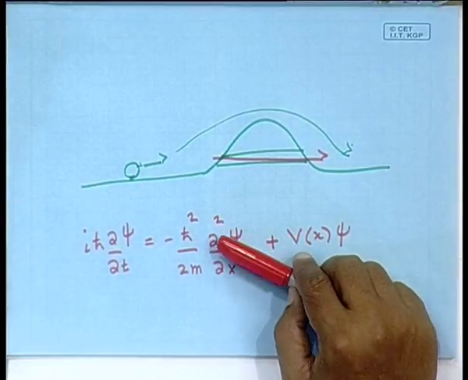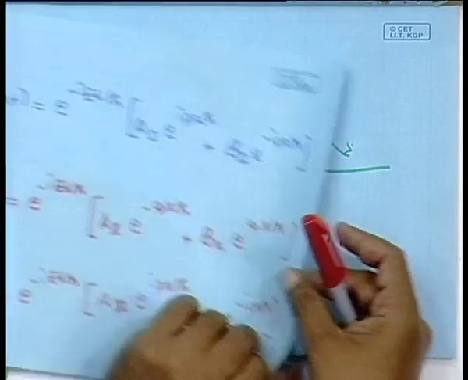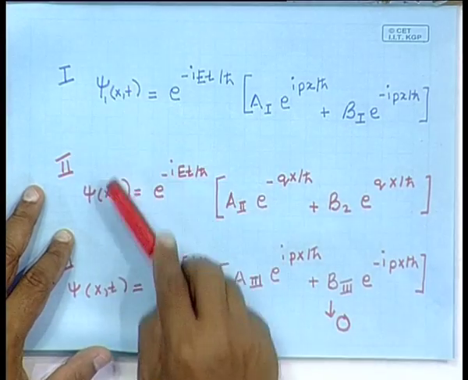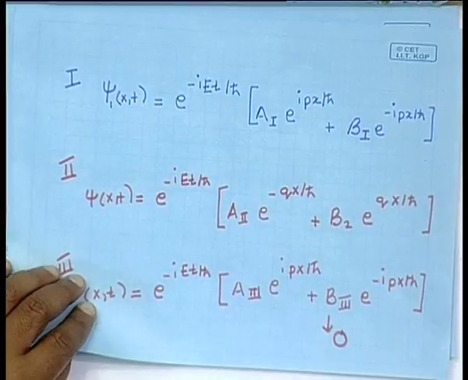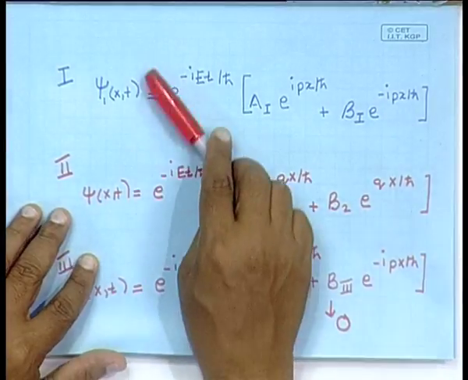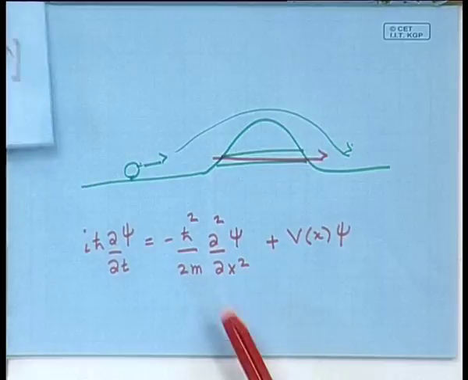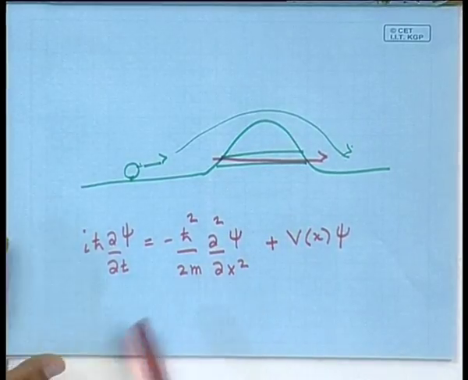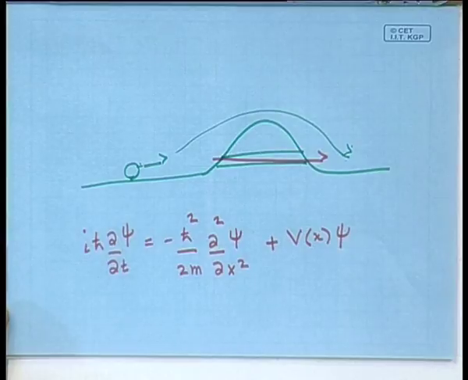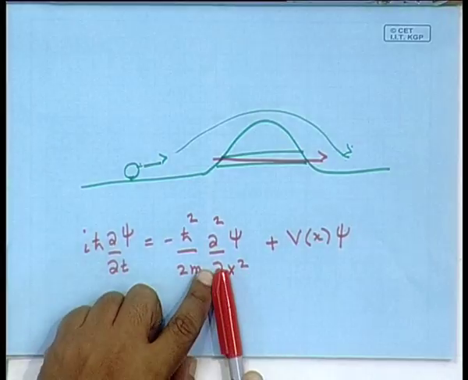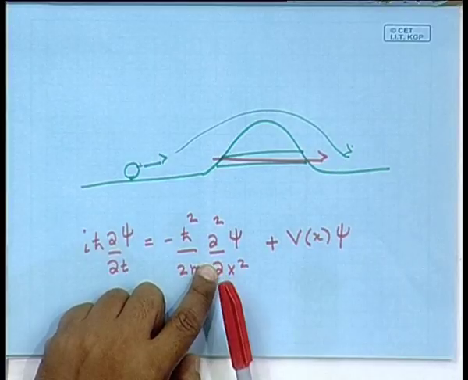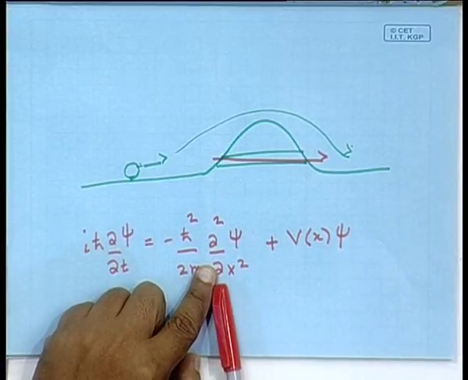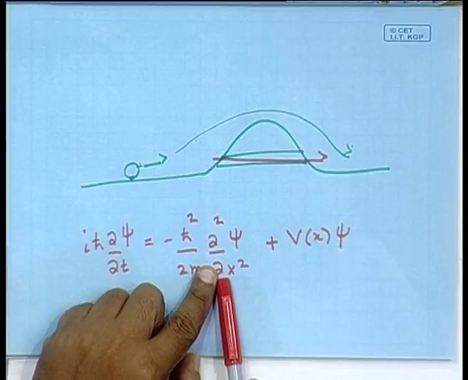The spatial part is different in region 1 and region 2. We are considering the boundary between these two. The spatial part is different in these two regions, and here we have the second spatial derivative. Now, to evaluate the second spatial derivative at the boundary, we need to first evaluate the first spatial derivative at the boundary, the first derivative with respect to x.